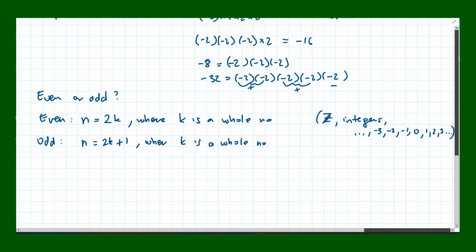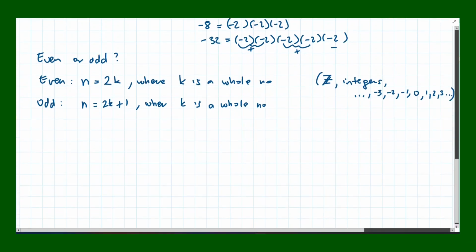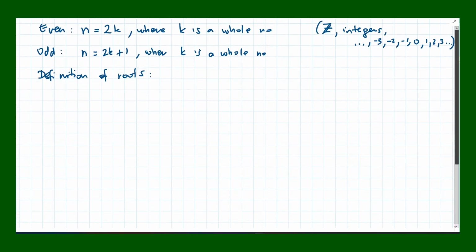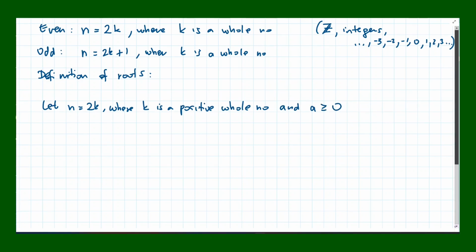So why was this important for me? Because I want to give you the formal generic definition of the roots. So again, make a bit more space. Okay, so let n be 2k, where k is a positive whole number, and let a be a number that is not negative, so it can be either 0 or positive.